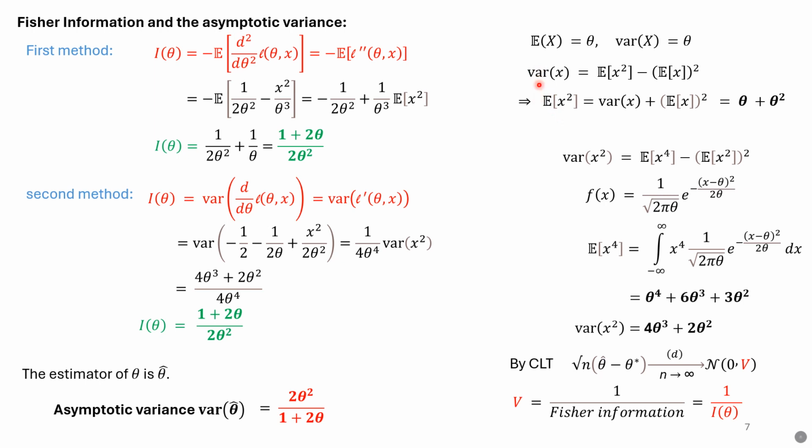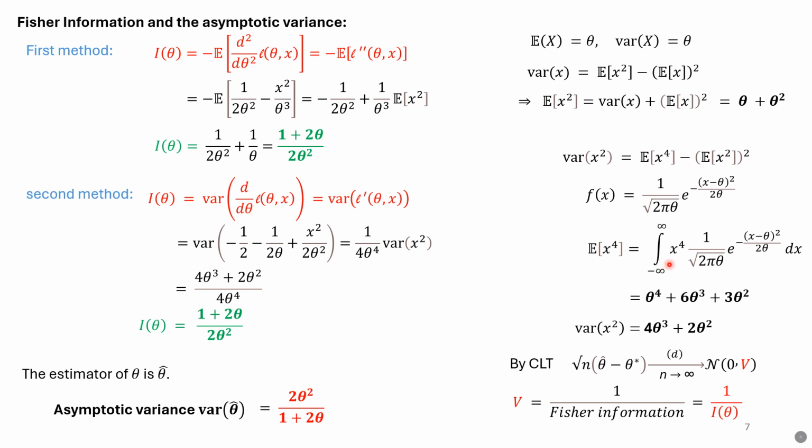Here I use this formula, then I can replace this x with x squared. Then I get variance of x squared equals expected value of x to the power 4 minus expected value of x squared, quantity squared. Then again I know everything other than this part. So the expected value of x squared is here. So to solve this part, I have to get this one.